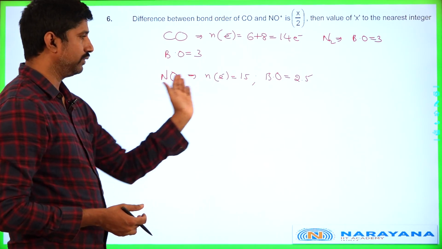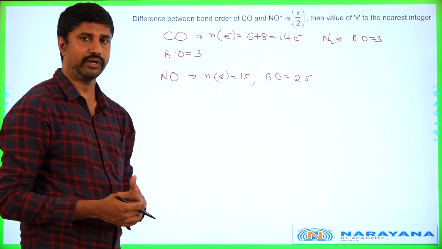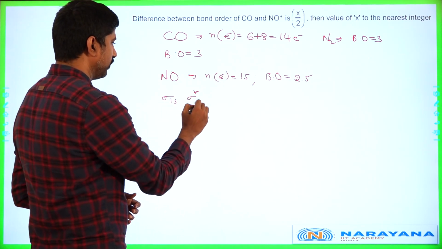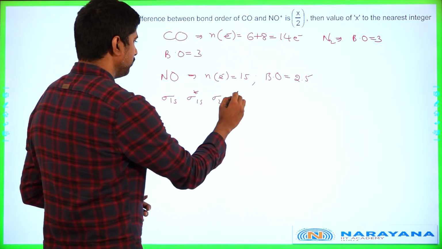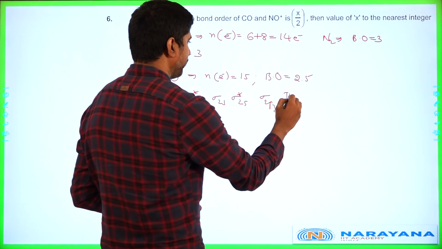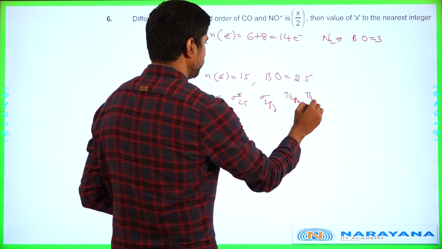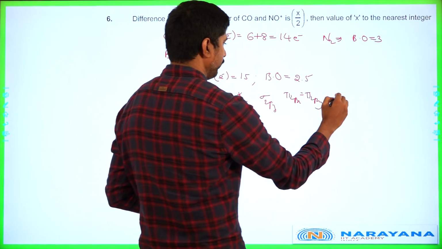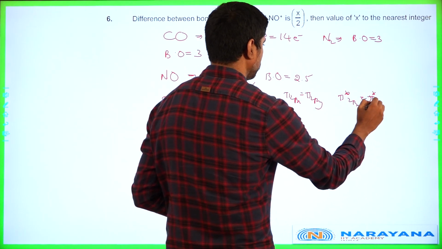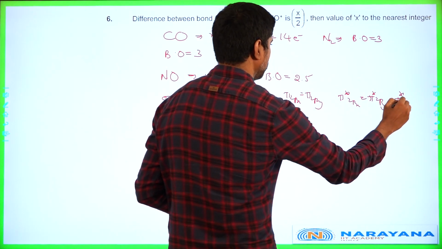For NO, the molecular orbital energy level order is sigma 1s, sigma star 1s, sigma 2s, sigma star 2s, then sigma 2pz, then pi 2px and pi 2py, then pi star 2px and pi star 2py, and then sigma star 2pz.